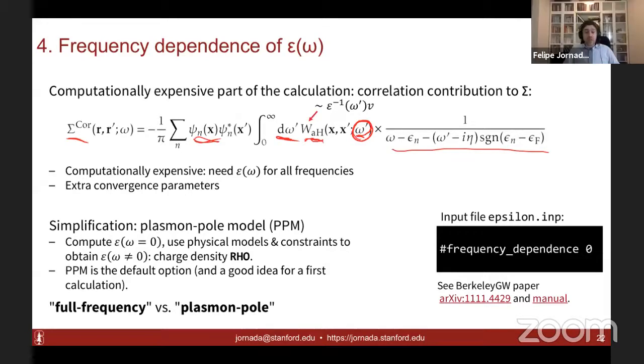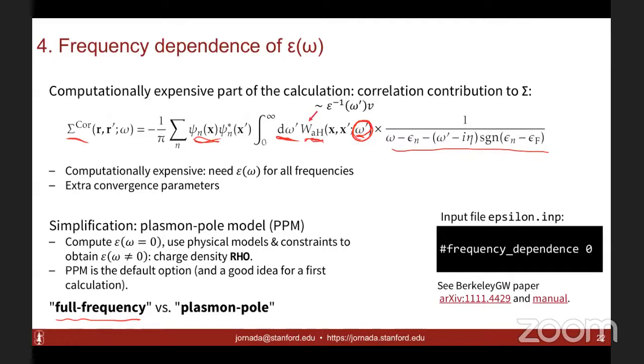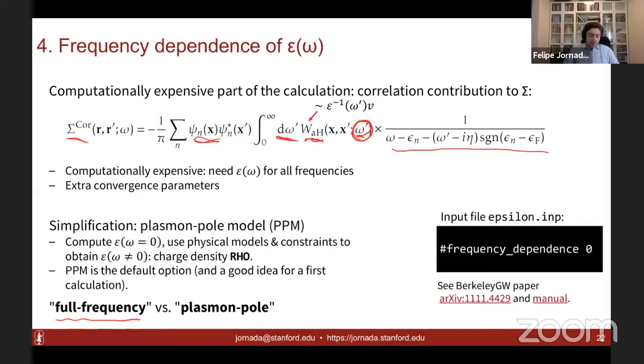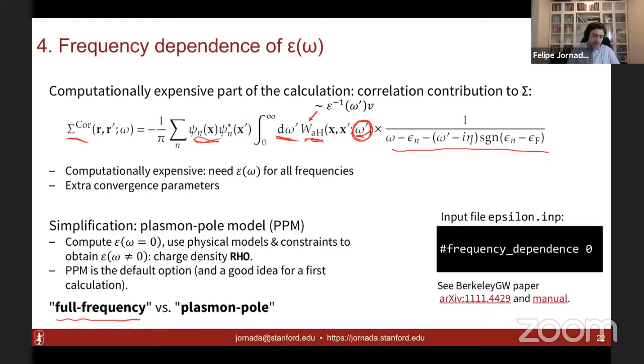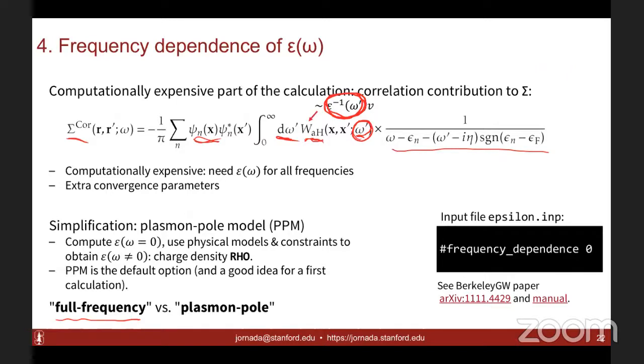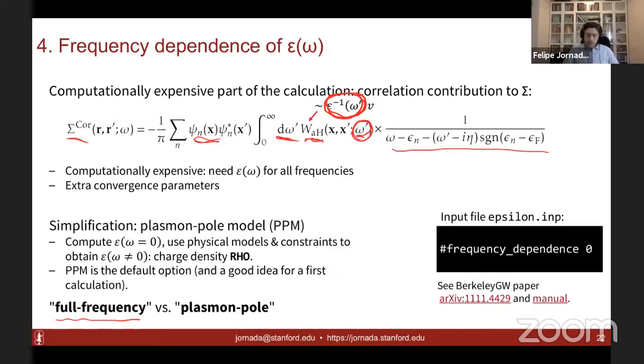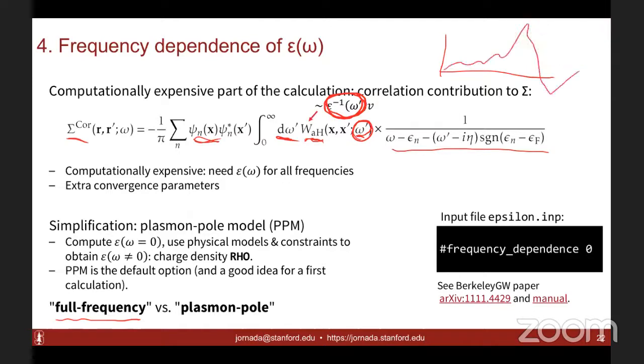So the code actually does allow you to do this explicit calculation, this explicit integral, and that is known as a full frequency approach. But the code also allows you to simplify things and to use what is known as a plasmon pole model. A plasmon pole model says that this dielectric matrix epsilon inverse of omega, instead of you having to evaluate that for all frequency points, which would be basically a complicated function, the option that the code has is that it can fit that to a model.